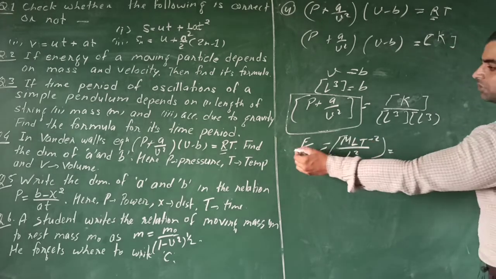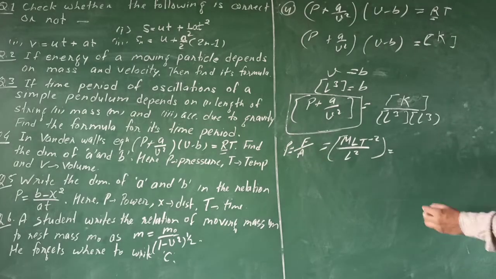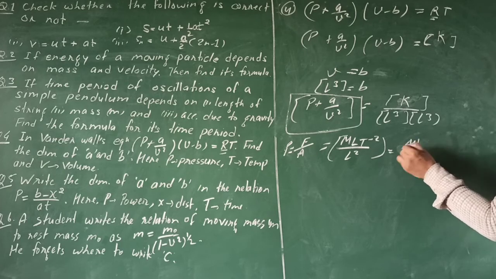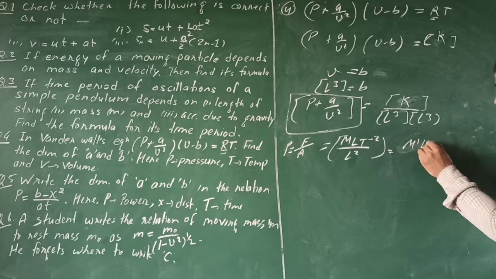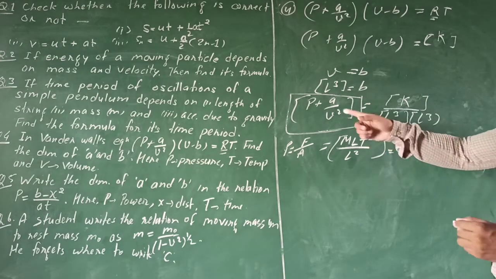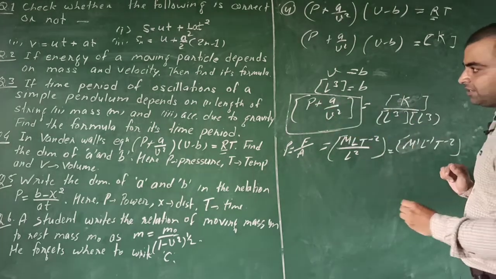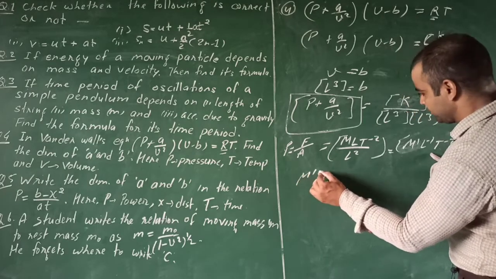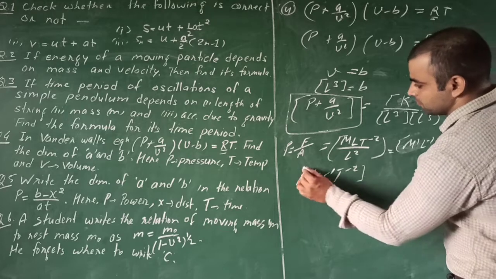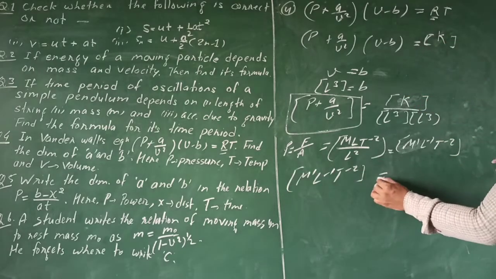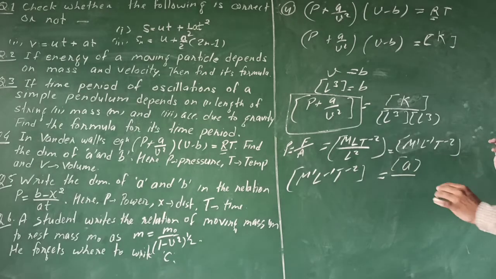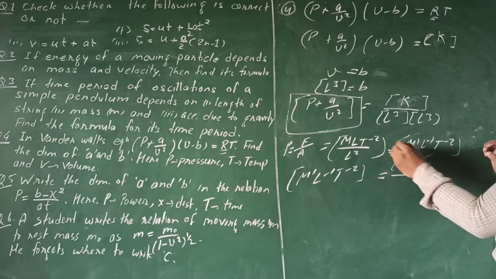This gives the dimension of pressure, M1 L minus 1 T minus 2. It will be equal to the dimension of A, which we have to find.